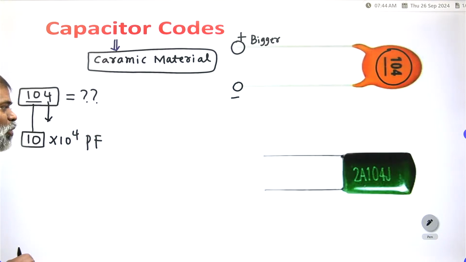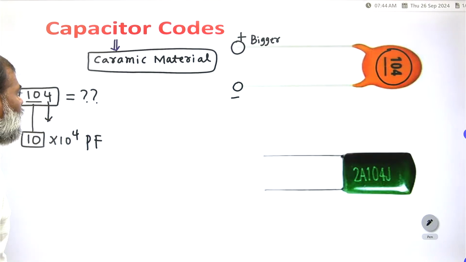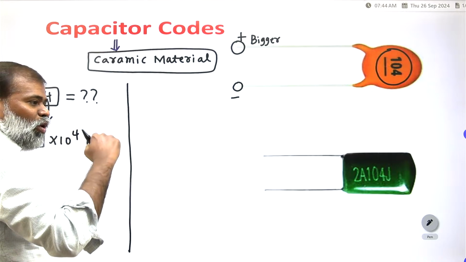Farad is a huge unit, that's why you have to consider picofarad. Yesterday I told you kilo, mega, giga.